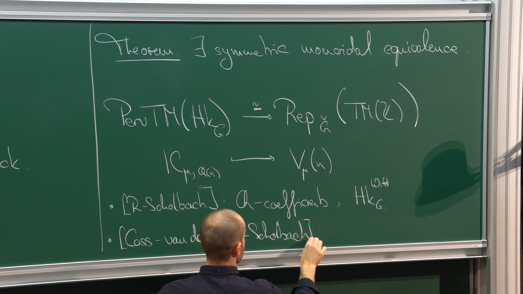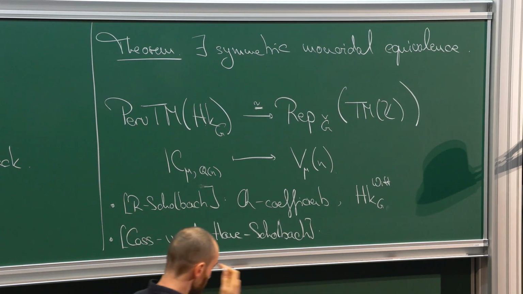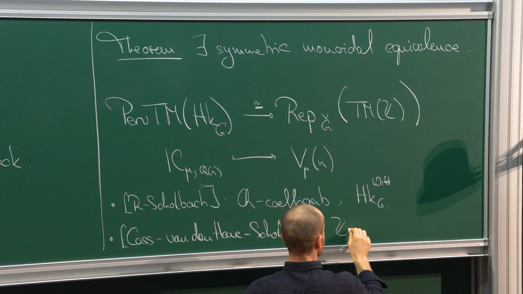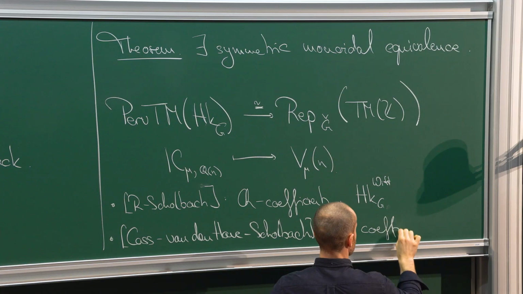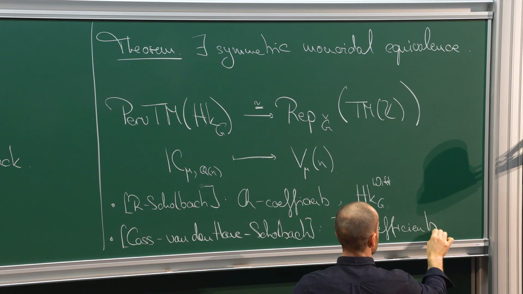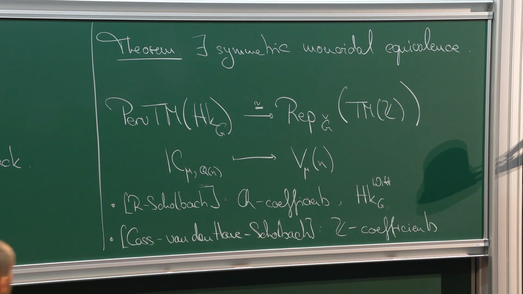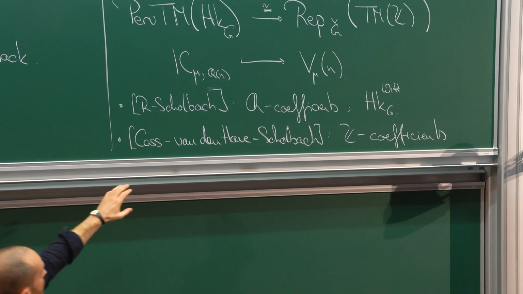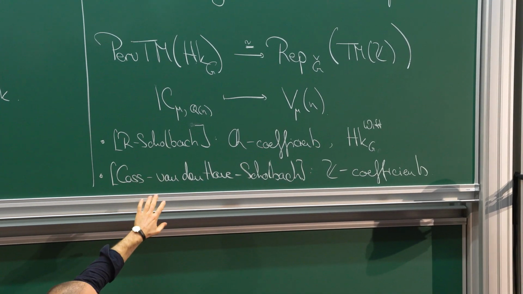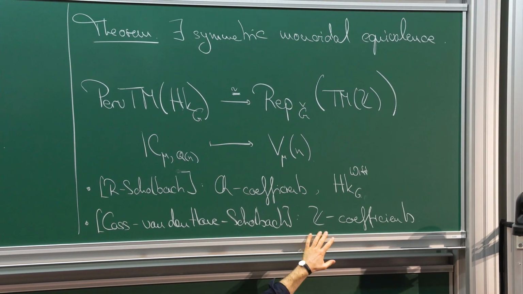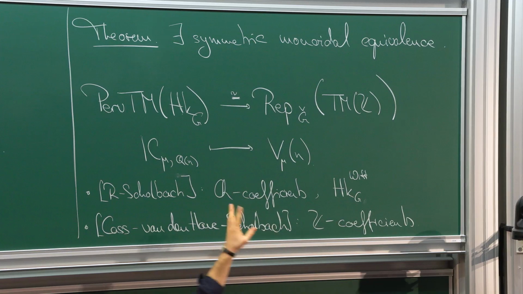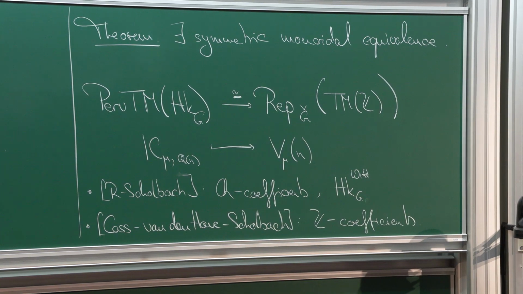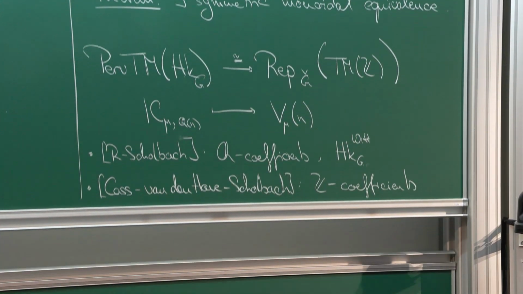They also have a version with integral coefficients. The proof I want to discuss today goes along the lines of their proof with integral coefficients, but with rational coefficients there are some simplifications.